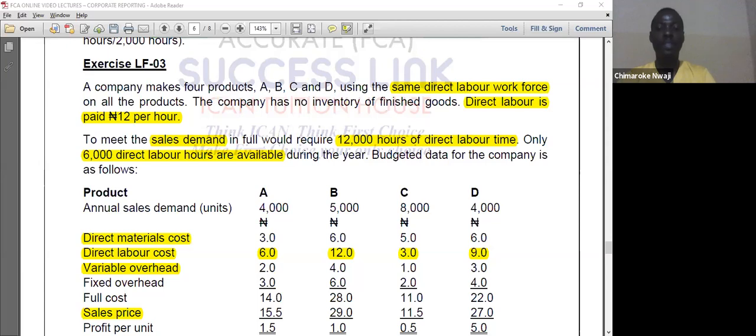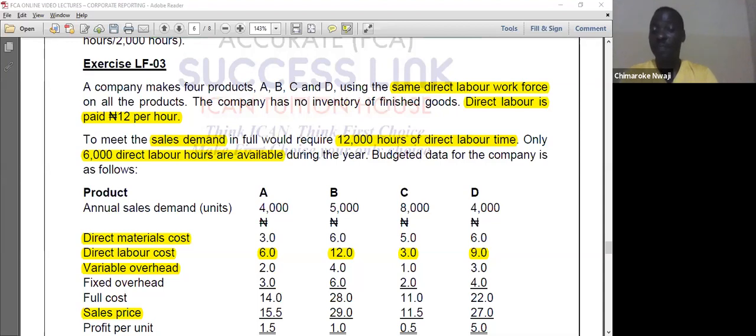That means the whole 6,000 hours has not been fully utilized. That means you can do every of D and every of C. Let's go to the next one, which is A. How many units of A are we supposed to do? 4,000. So what you do, tentatively with pencil, you write 4,000. Now, normally you'll be looking at how many is remainder.